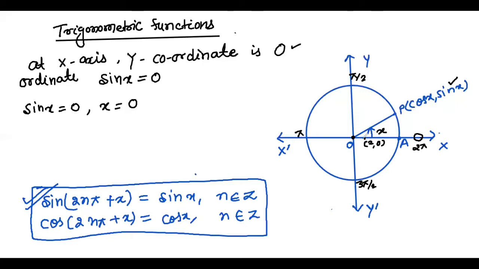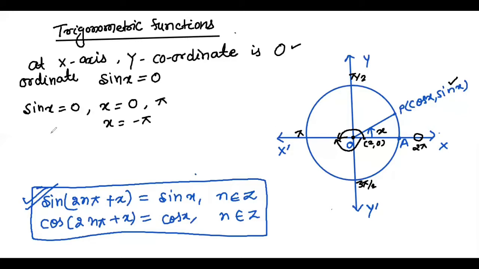Now this is also the x-axis, the left side. So at x equals pi also, sin x will be 0. Similarly, if we are taking the clockwise direction, the same thing will happen, so at x equals minus pi also, sine will be 0.